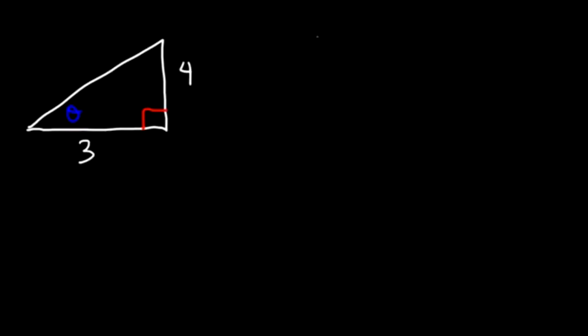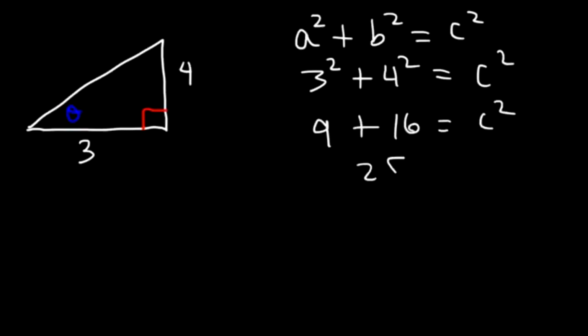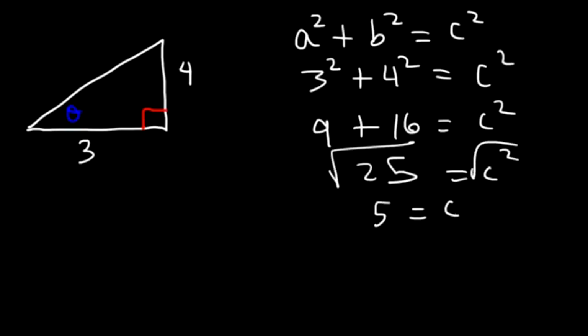Now to find the missing side, we need to use the Pythagorean theorem. A squared plus B squared is equal to C squared. So A is 3, B is 4, and we've got to find the missing side, C, which is the hypotenuse. 3 squared is 9, 4 squared is 16. 9 plus 16 is 25. And if you take the square root of both sides, you can see that the hypotenuse is 5.